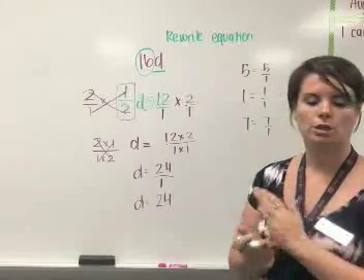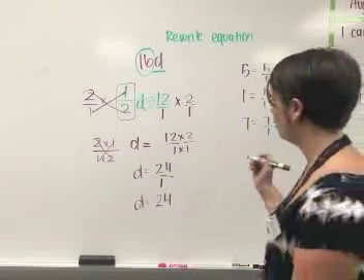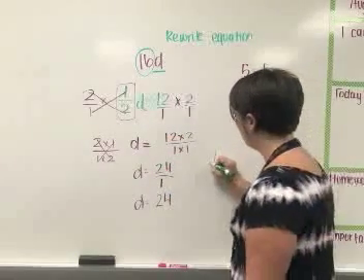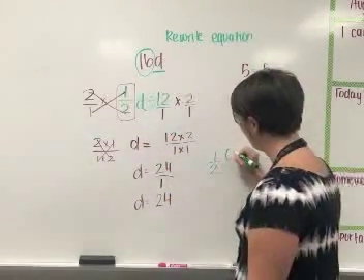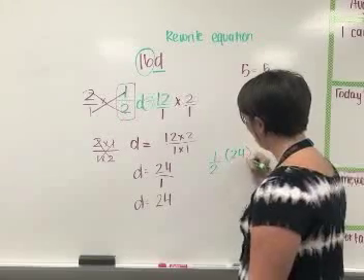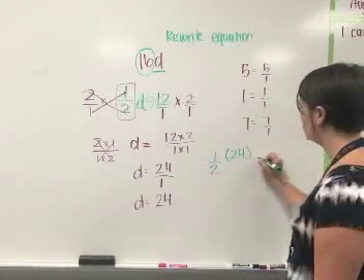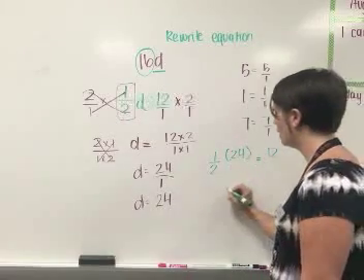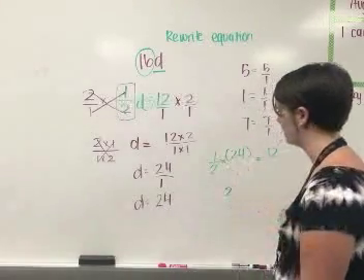I'm going to check my work. So I'm going to plug in 24 for D. So I have 1/2 times 24 equals 12. Now, 24 means 24 over 1, right?